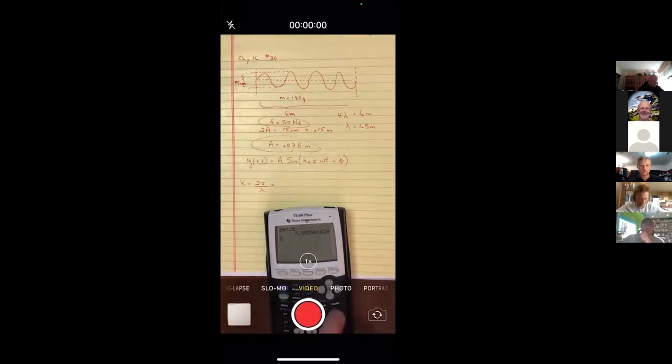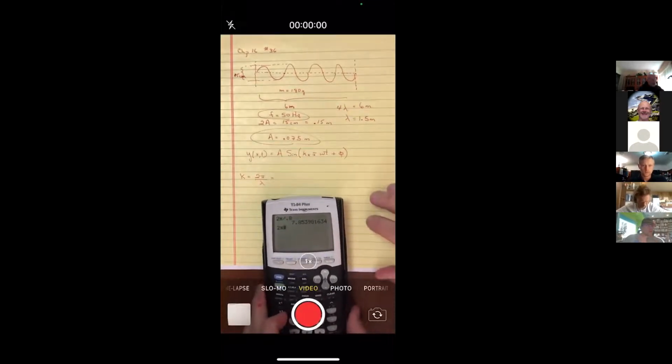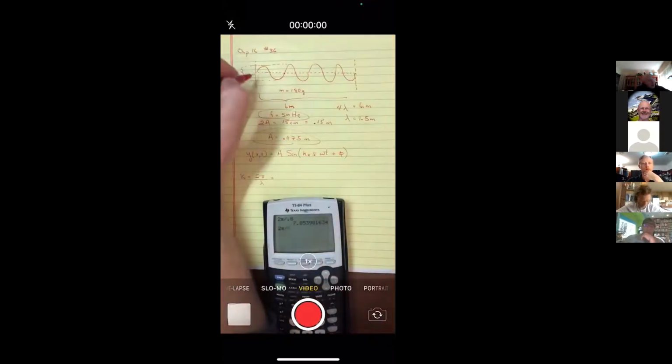All right, so I'm going to put the 2 pi into my calculator. A full wavelength is an up bump and down bump. Yeah, it's not until it repeats itself. Okay, cool. Thank you. So just going from say 0 to 0 isn't really a repeat because this 0 is on its way up and this 0 is on its way down.